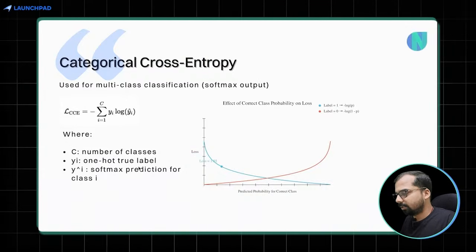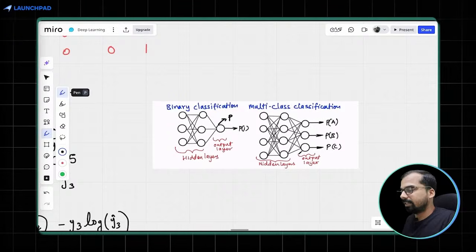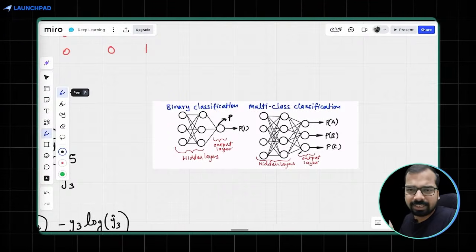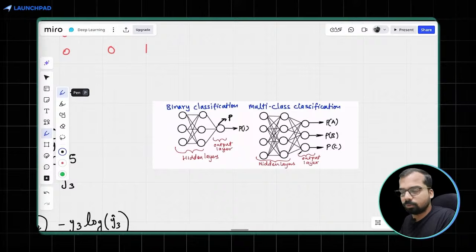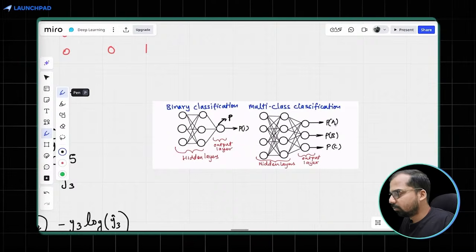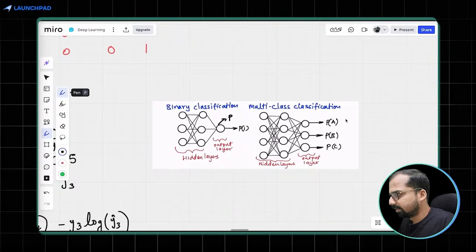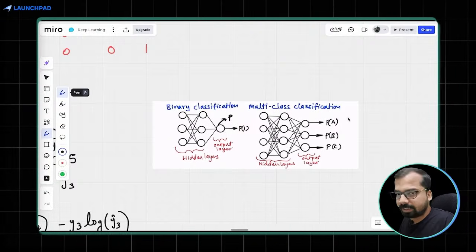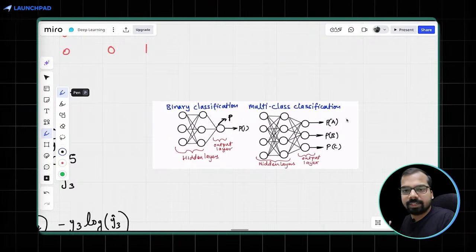Let me show the neural network in case of multi-class classification. You have more than 2 classes, so here you have 3 classes. Let's say I am trying to predict whether a student will get placed or not.